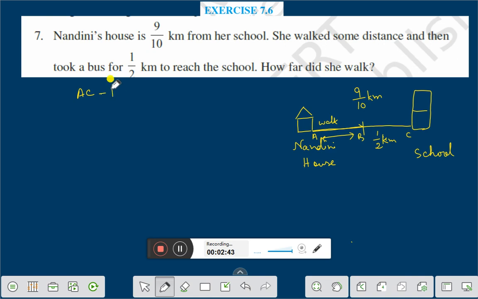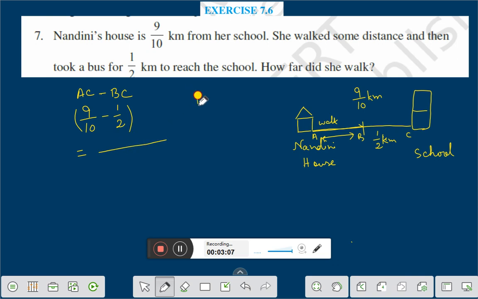The value of AC is 9 by 10, and the value of BC is half kilometer, 1 by 2. You have to subtract this, then you will get the answer. Let us subtract.